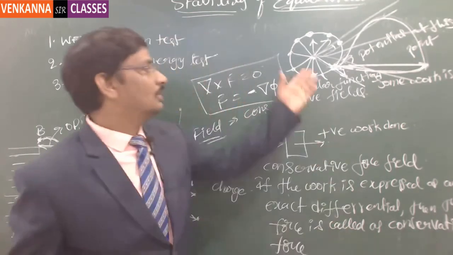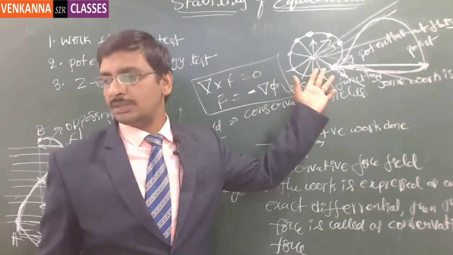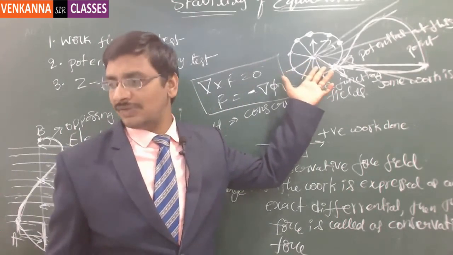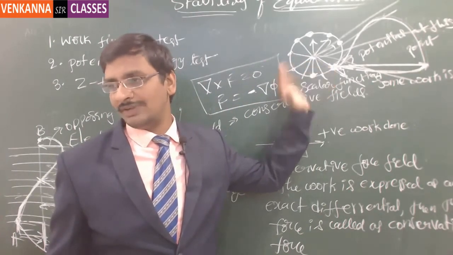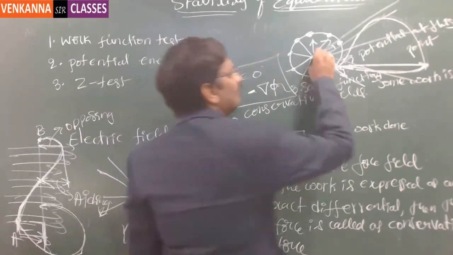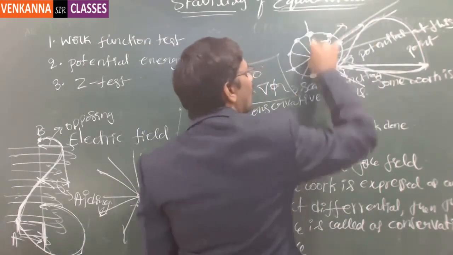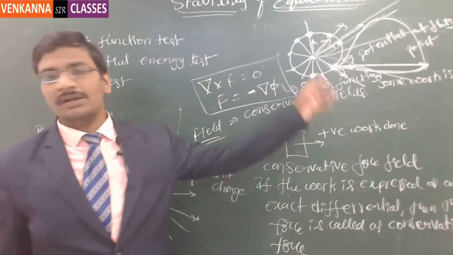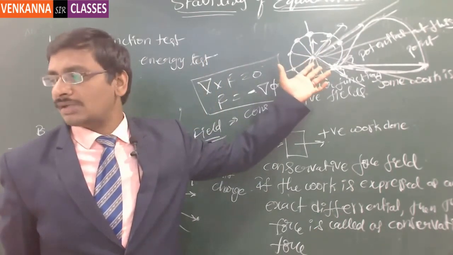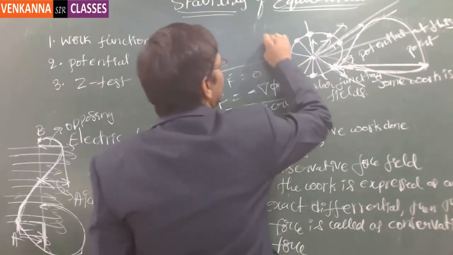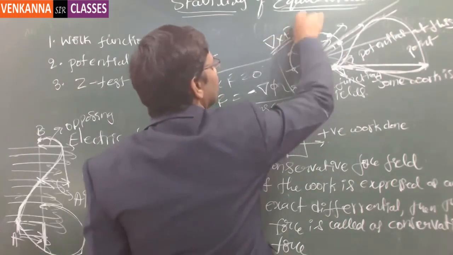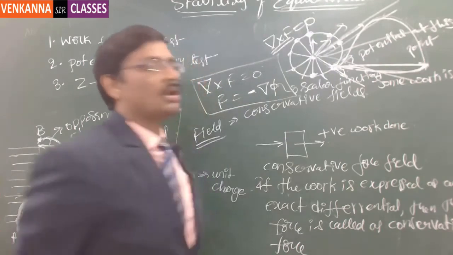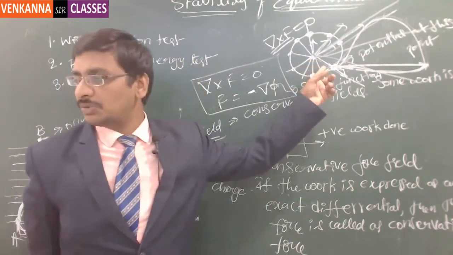Even here, if I take the polar coordinate system, or the cylindrical or spherical coordinate system, the force lines are moving radially away. No crisscrosses are there again. If you calculate del cross F for this in the polar coordinate system, you are going to end up with 0.